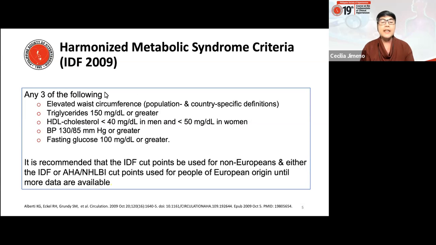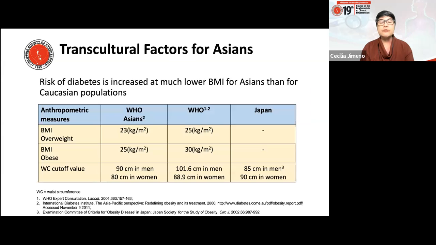First is an elevated waist circumference to represent visceral adiposity using population and country-specific definitions. So then, just to let you know that in the Philippines, being Asians, we follow the WHO Asia Pacific cutoff, recognizing that the risk of diabetes is increased at much lower BMI for Asians compared to our Caucasian counterparts.